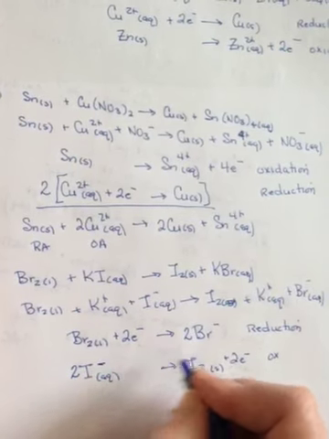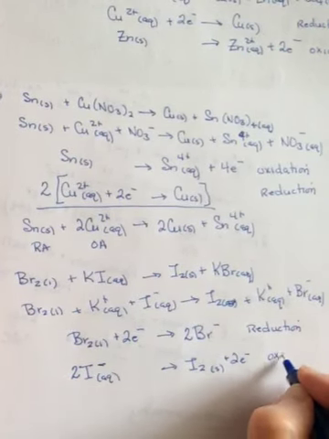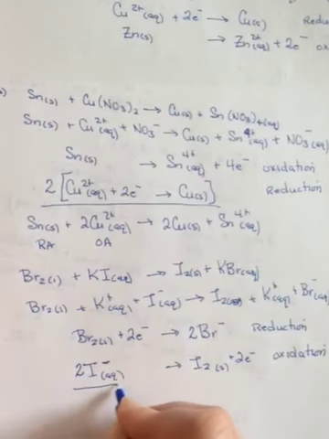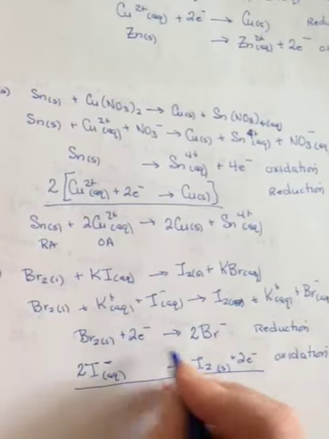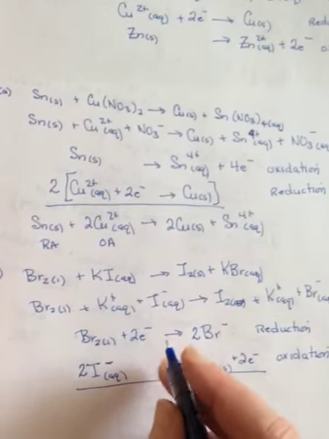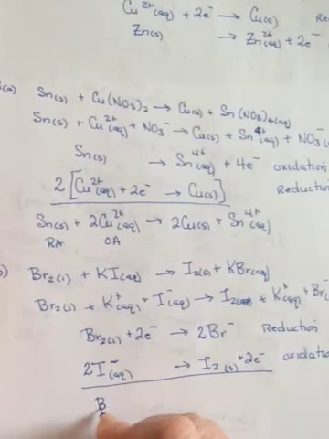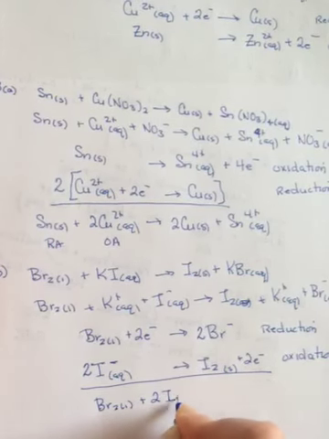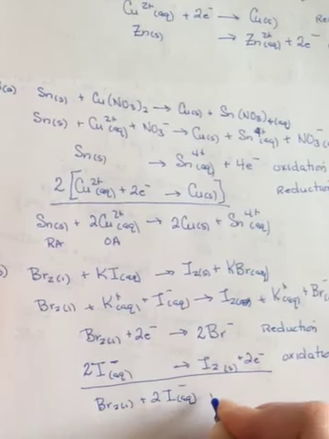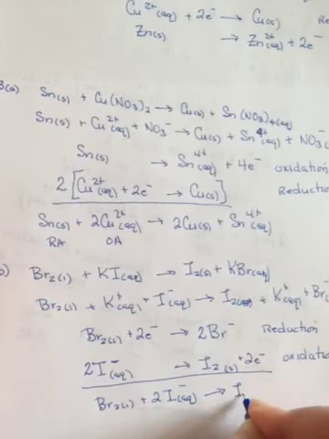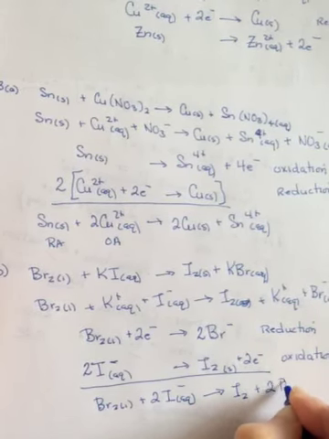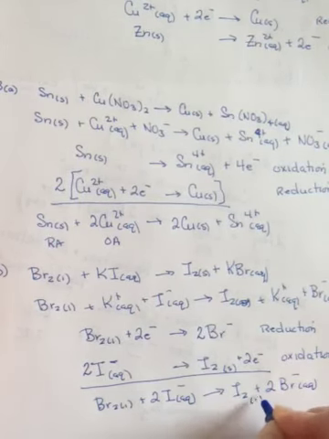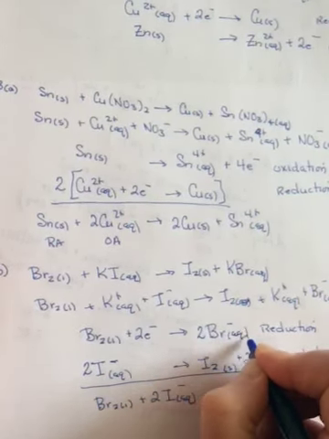He's going from a negative to no charge, so he's losing electrons. This is oxidation. We're going to add these together. I don't need to multiply by anything because there are 2 electrons on either side. So it's going to be Br2 liquid plus 2I negative aqueous going to I2 solid plus 2Br negative aqueous.